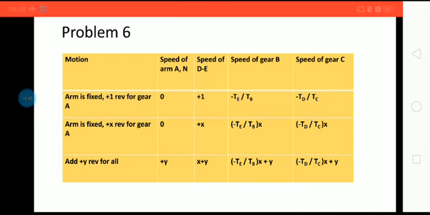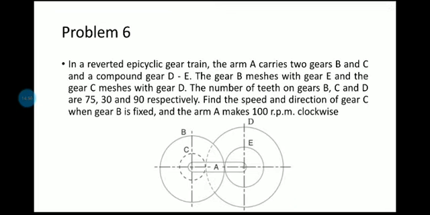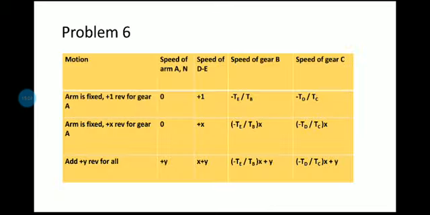Similarly, when you consider C meshed with D, the expression will be NC by ND equal to TD by TC. Therefore NC will be equal to TD by TC into ND, or TD by TC into 1, and the minus sign for opposite direction. So we filled the first row.